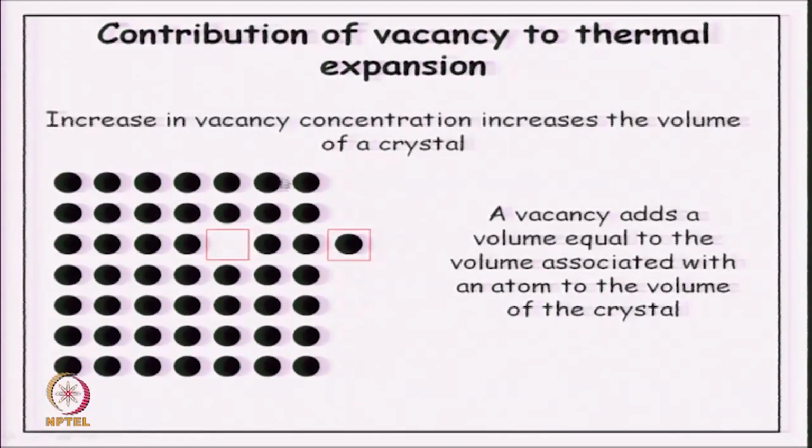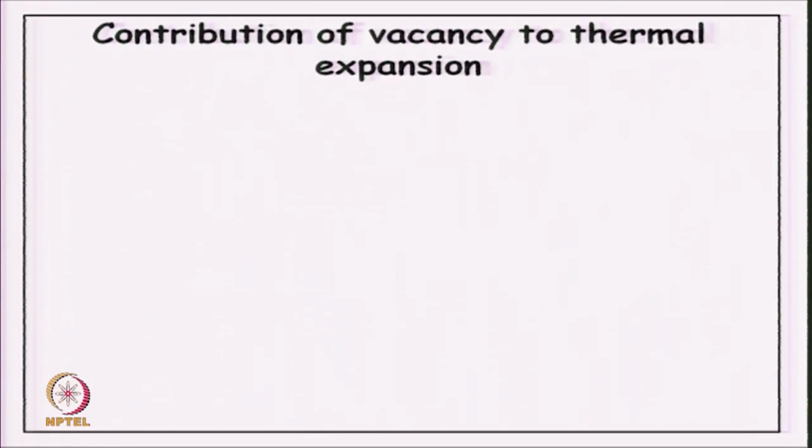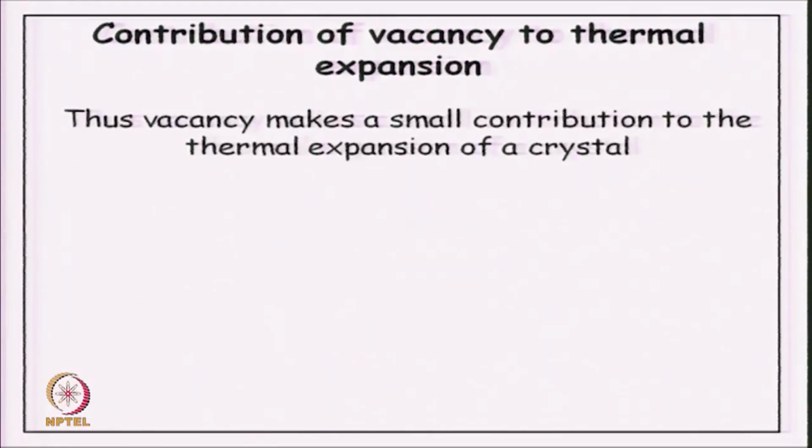So, although there are only 49 atoms, 7 into 7, I have a volume corresponding to 50 atoms, because there is one vacant site. So, every vacancy adds volume equal to the volume associated with an atom to the volume of the crystal. Thus, vacancy makes a small contribution to thermal expansion of a crystal.